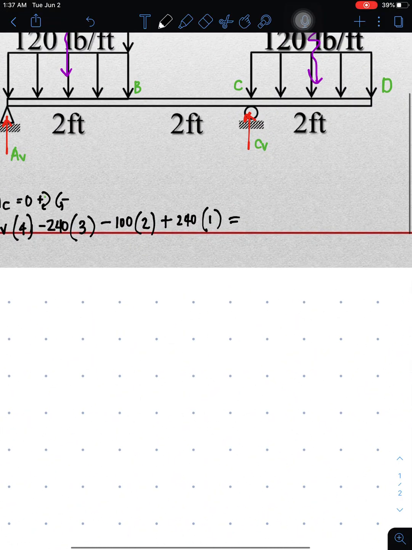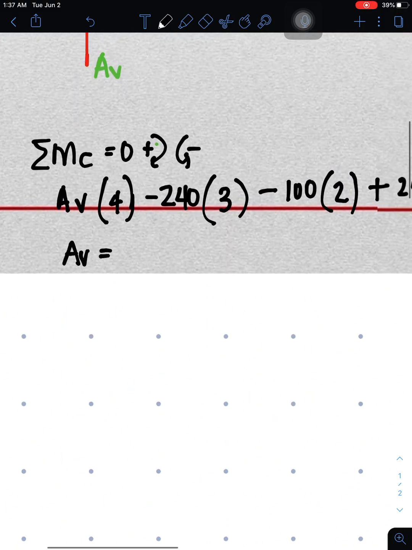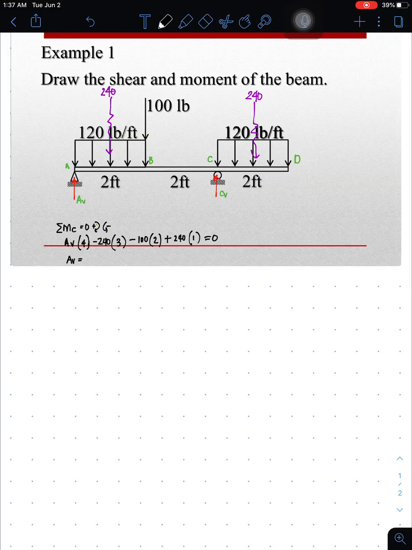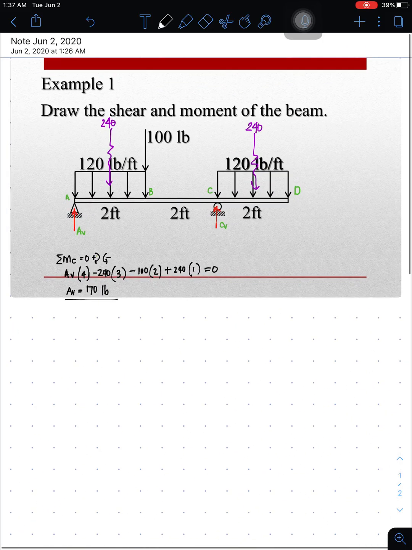So now we can solve the reaction at A. Our reaction at A is 240 times 3, then we add 100 times 2, then minus 240 times 1, divided by 4. So the answer is 170, and this is in pounds. That's our answer for AV.